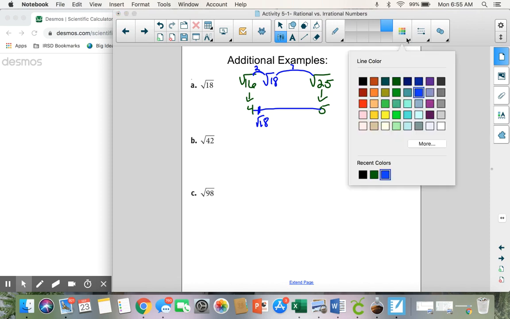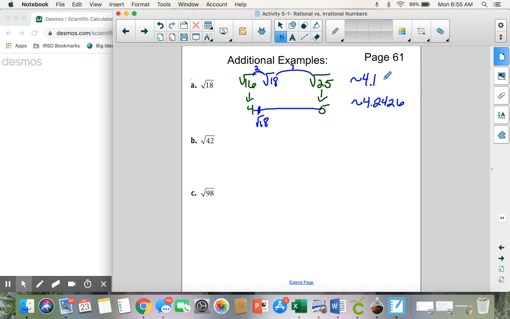The way that I grade these or check them when you're not using the calculator is if you are within a half. Okay, so now if I had said that it was 4.9 or 4.6, that doesn't make any sense because it was closer to 16. But because I said that it was under 4.5, that makes perfect sense.